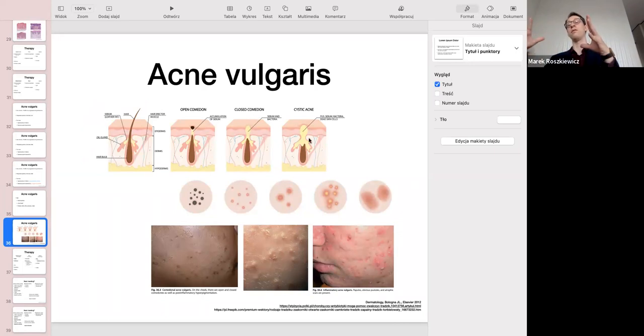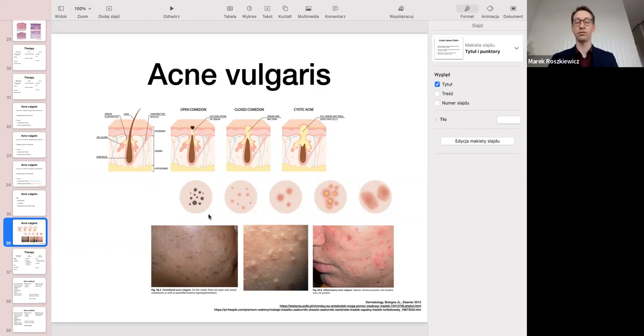And when the process goes deeper and deeper, it creates a cyst. So it's a bit bigger. And then it can even create very big pustules, so-called cysts a bit under the skin. We can see all these stages here in the bottom pictures. So the black spots are the open comedon.